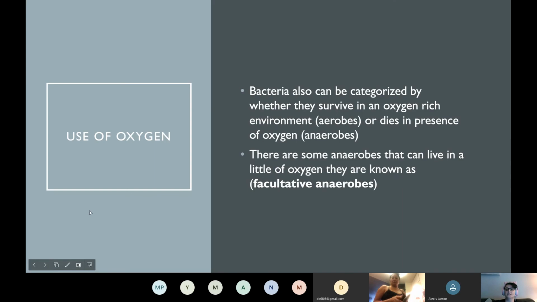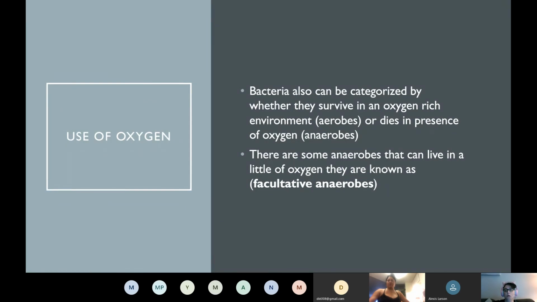Now, the next step that we're going to do is find out, by doing this gram staining, is this microorganism, this pathogen, aerobic, meaning they have to have oxygen to live, right? Because that's what aerobic means. Because when you do aerobics, you're breathing and you're pumping up a whole bunch of oxygen.